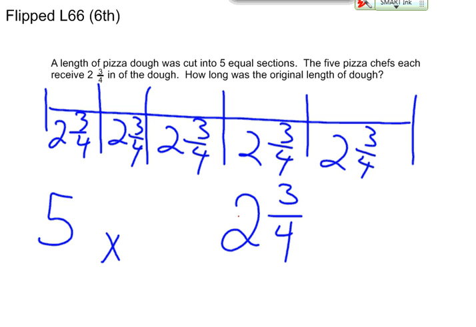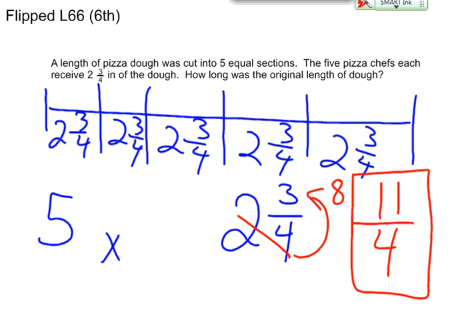So we're going to take 2 times 4, and then we're going to add that 3, right? So 4 is going to stay our denominator. 2 times 4 is 8, right? 8 plus 3 is 11. So now we have something that we can work with, because we can't multiply by 2 3/4. So we change it into the improper fraction of 11/4.